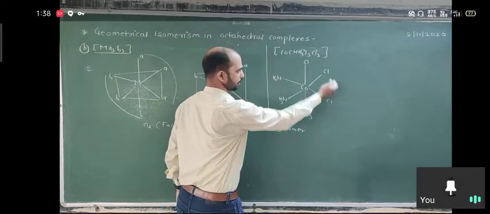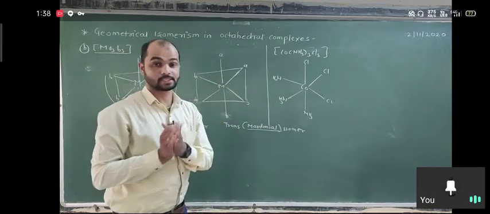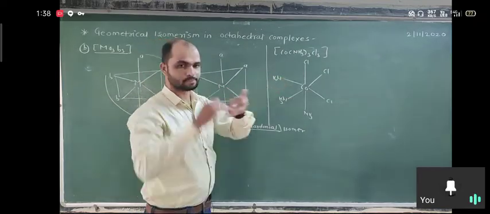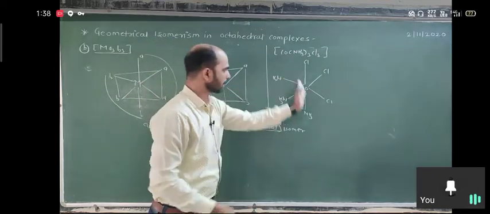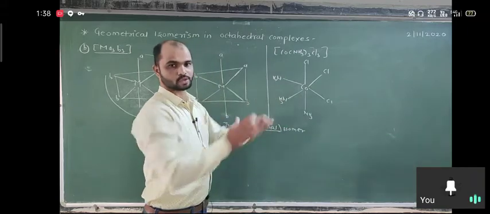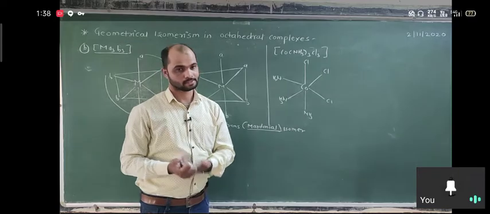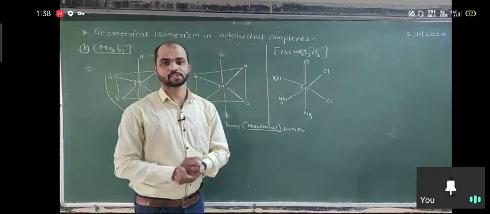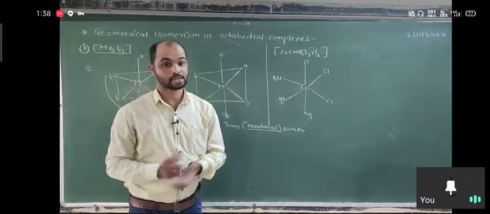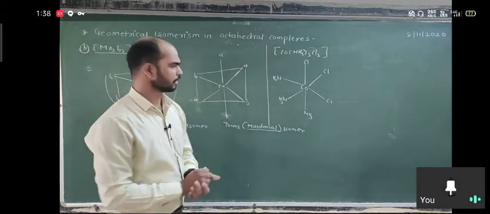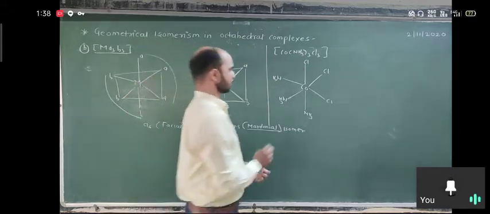That's why it is called facial. If you imagine it in three dimensions, it makes a plane and a face, so it directly bisects, like a cross. When you go on YouTube or the net, look for three-dimensional structures of facial and meridional isomers of octahedral complexes, and you will easily understand this concept.